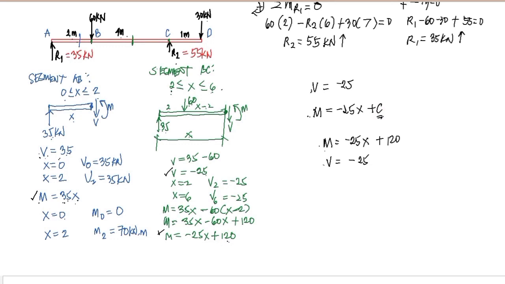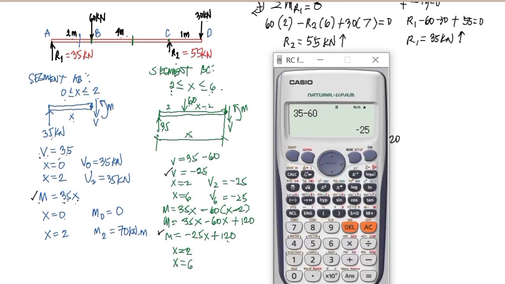So, our limit here is from 2 to 6. So, i-check natin yung value at x is equal to 2 and x is equal to 6. Now, using the calculator, i-input lang natin yung equation natin. So, we have negative 25x plus 120. At x is equal to 2, so calc 2, and that will give us 70.